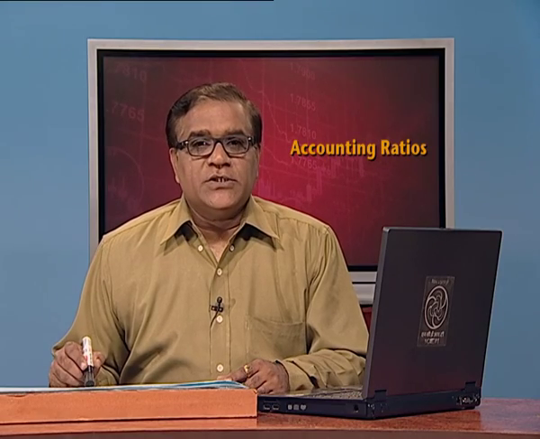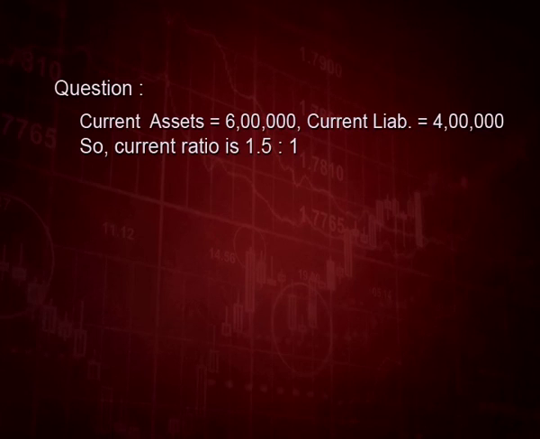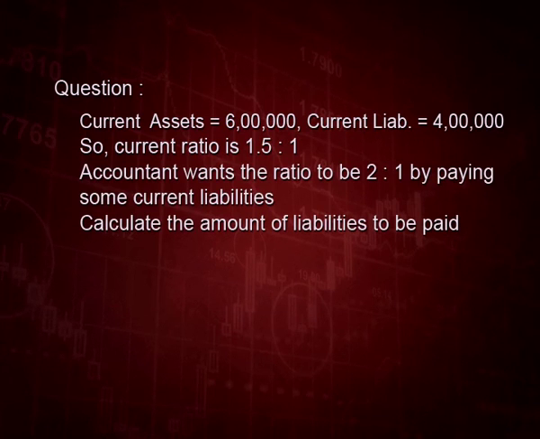Let us have another variation of this ratio. Current asset 6 lakh, current liability 4 lakh, making it a current ratio of 1.5:1. If the accountant wants that this ratio should be 2:1 by paying some current liability, we have to calculate what is that amount. Let us assume we pay x.